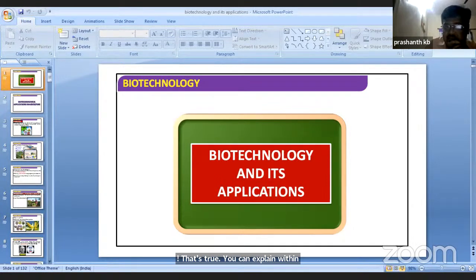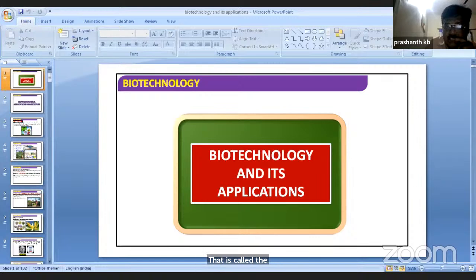Okay, next, third one, land reforms. Some plants, if we grow them in the soil, absorb a lot of nutrition. So now we manipulate the DNA of those plants so that they absorb only a minimum amount of nutrition from the soil. That is called land reforms.